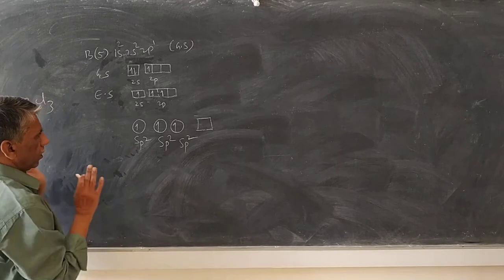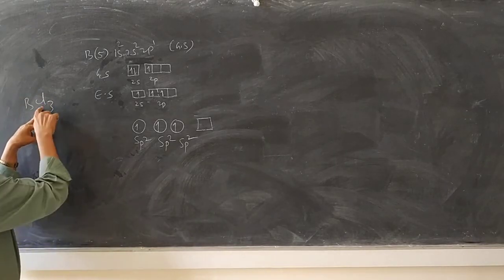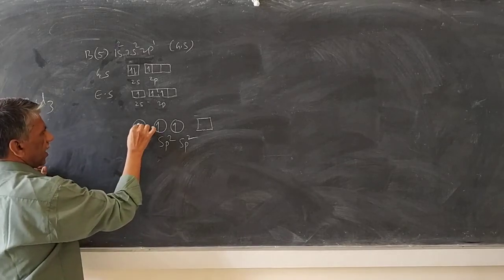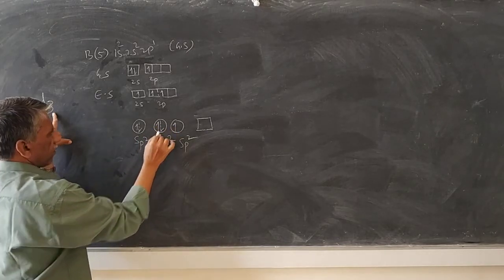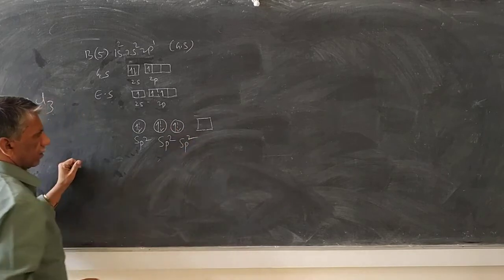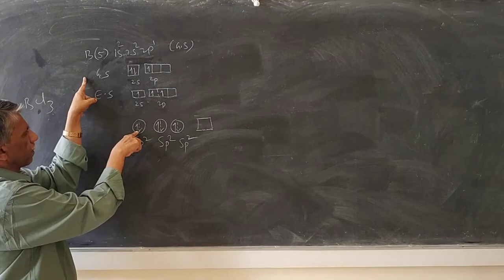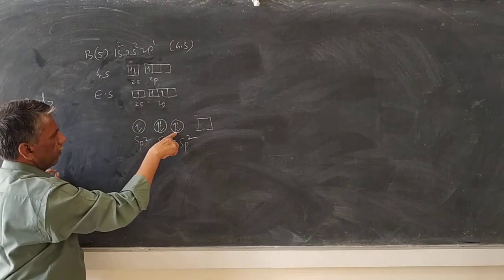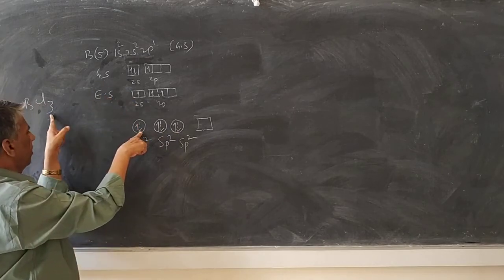Now the electrons donated by Cl atoms will come and join here. This is the electron given by the first Cl atom. This is the electron given by the second Cl atom. This is the electron given by the third Cl atom. So this is the unpaired electron of boron, this is the unpaired electron of boron, this is the unpaired electron of boron, and this is the unpaired electron of the first Cl atom.